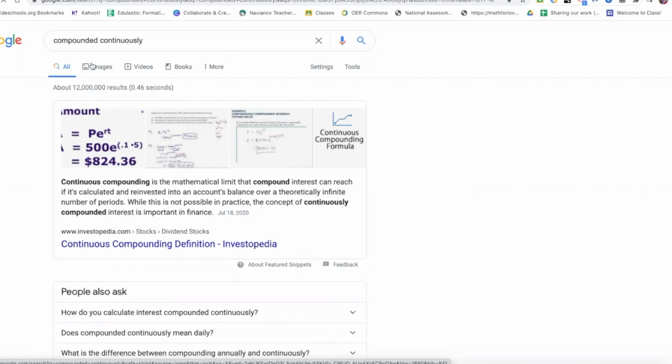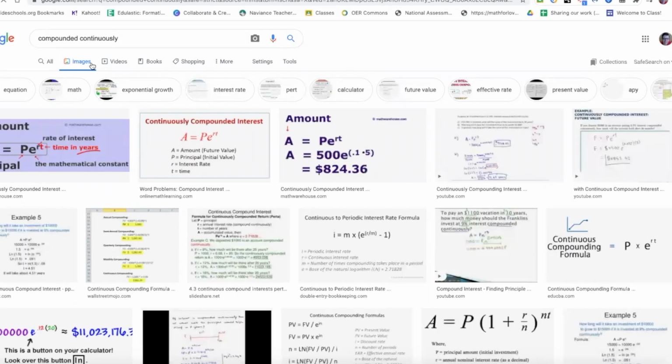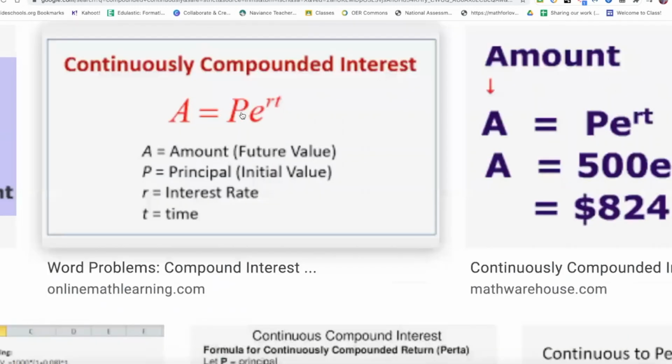They'll do it on a quarterly basis. They'll take a look at how much money your account has, reward you with 7 cents, and then move forward. But when we talk about a continuously compounding formula, we are looking at this: principal times e to the power of interest rate times time.